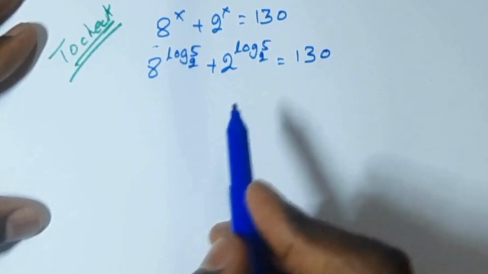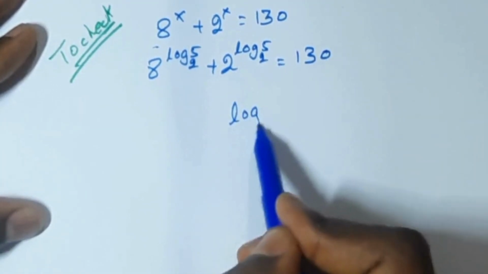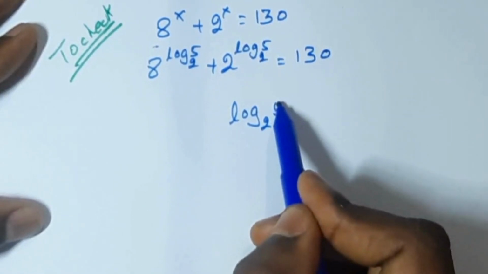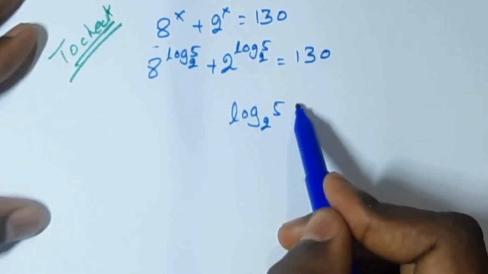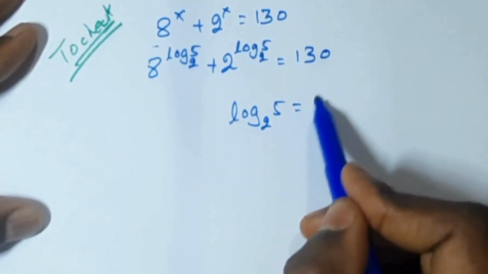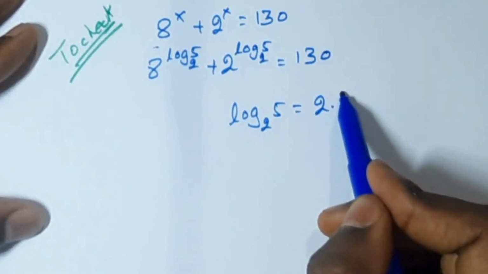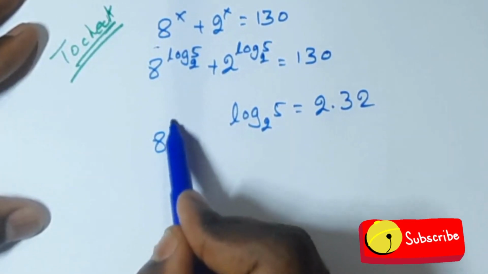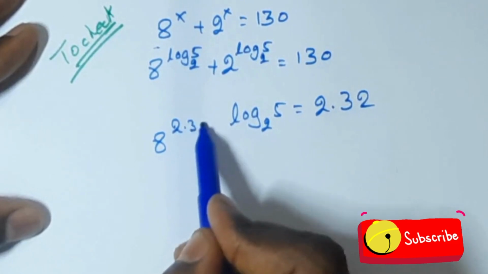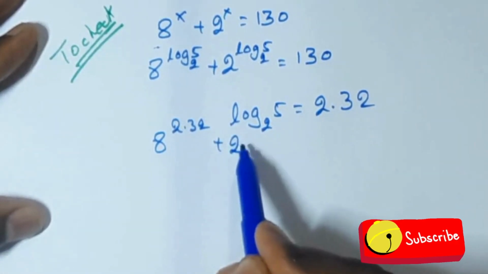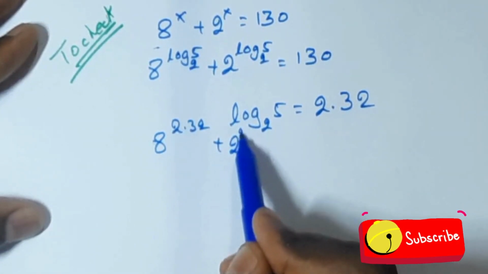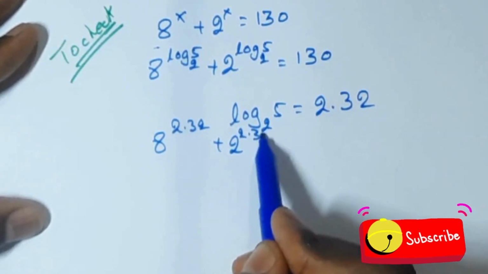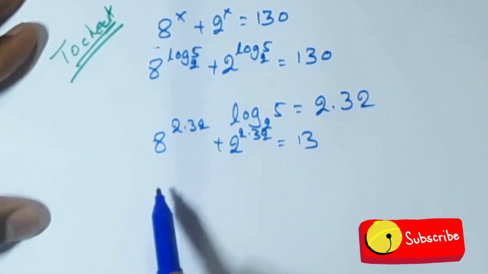Now log 5 base 2, the value is 2.32. 8 to the power of 2.32 plus 2 power 2.32 equal to 130.